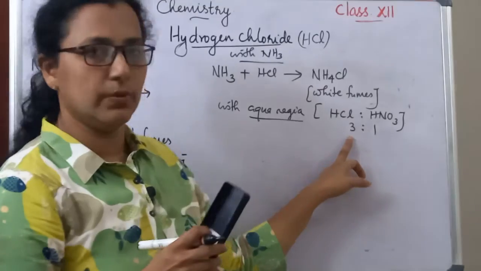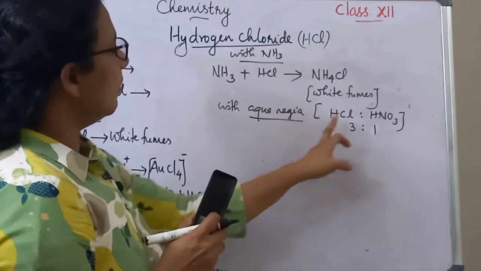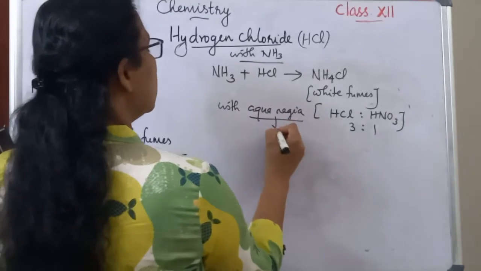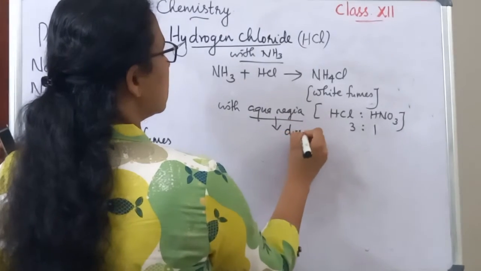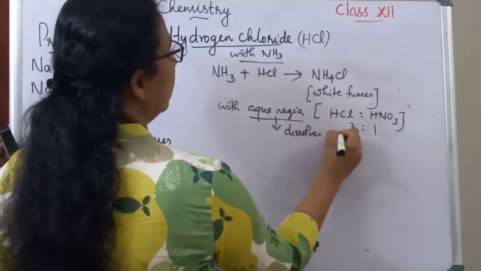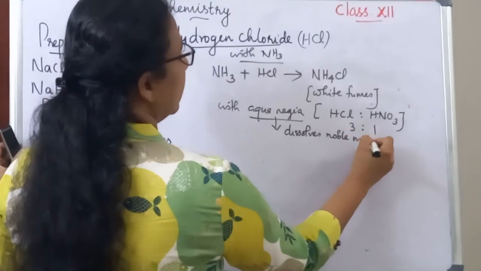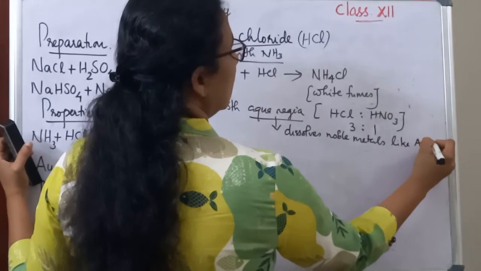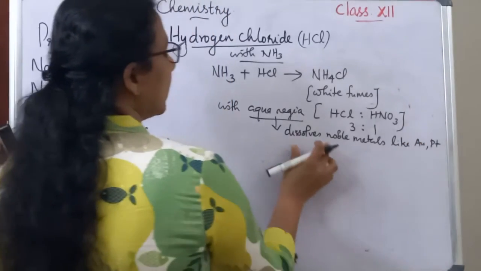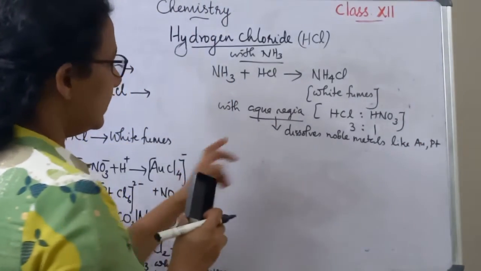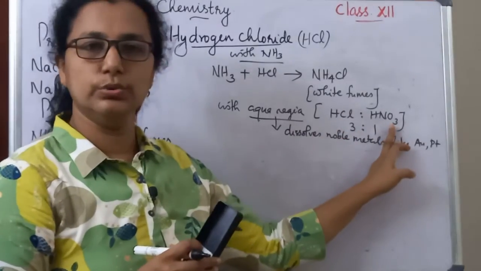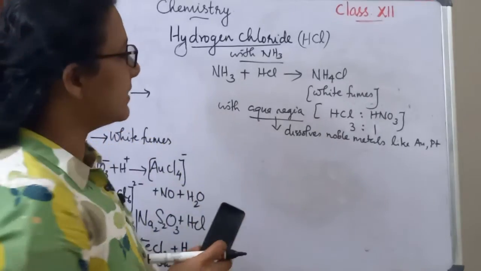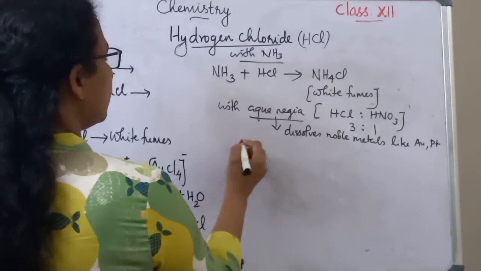So that is the ratio. Anyway, it's a mixture of HCl and HNO3, that is aqua regia, and you know it dissolves noble metals like gold, platinum, etc. So this aqua regia is a mixture of HCl and HNO3, and that dissolves noble metals like gold, platinum, etc. Let's see the equations.